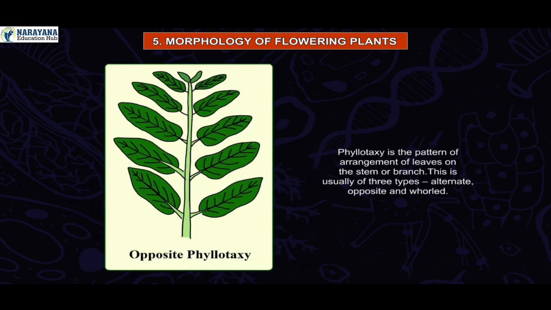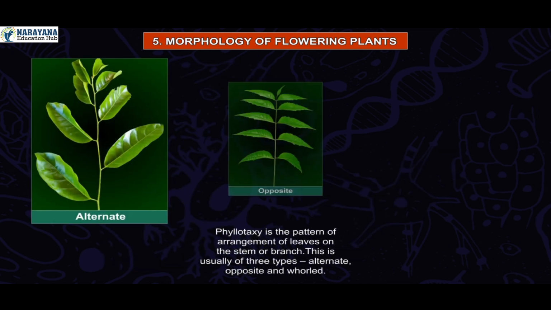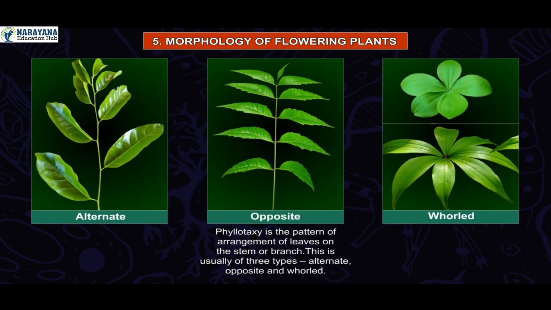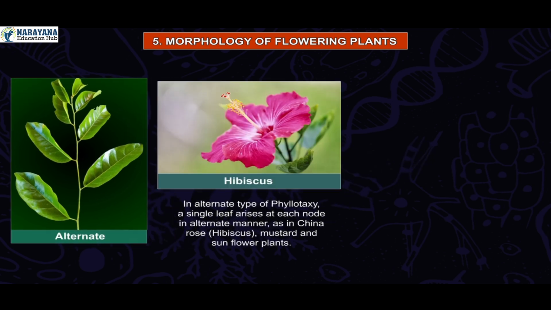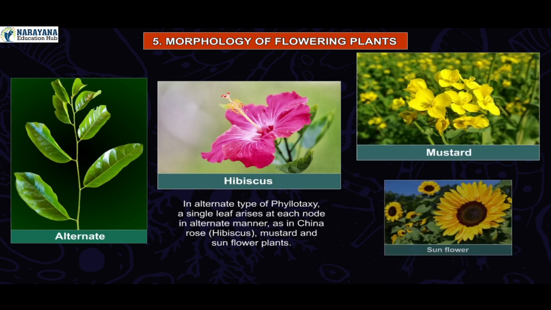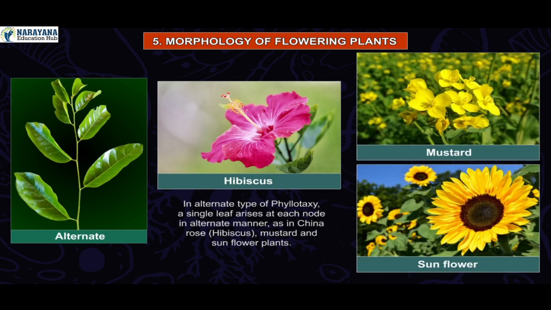Phyllotaxy. Phyllotaxy is the pattern of arrangement of leaves on the stem or branch. This is usually of three types: alternate, opposite, and whorled. In alternate type of phyllotaxy, a single leaf arises at each node in alternate manner, as in China rose, that is hibiscus, mustard, and sunflower plants.